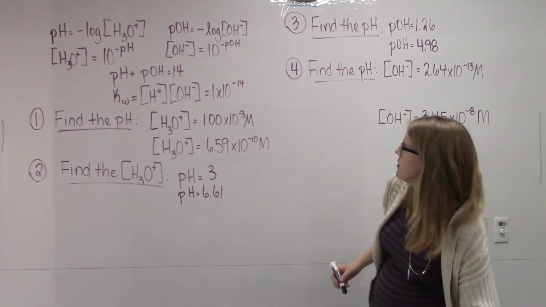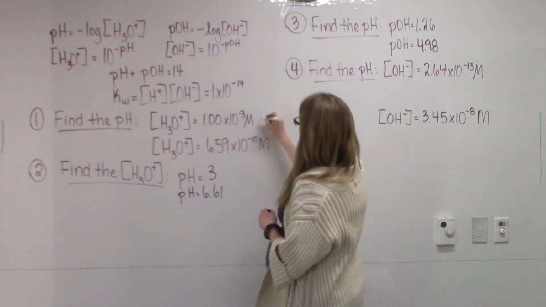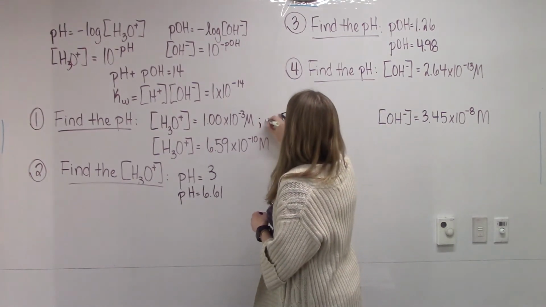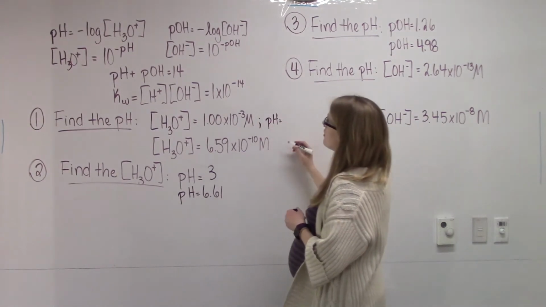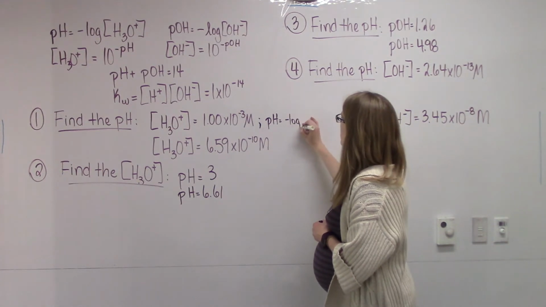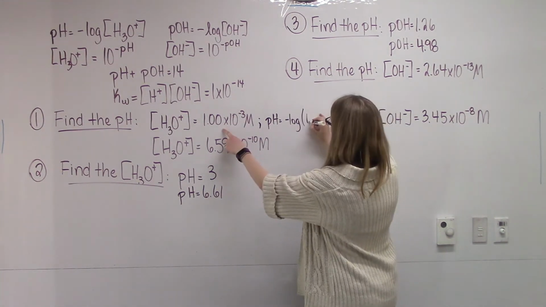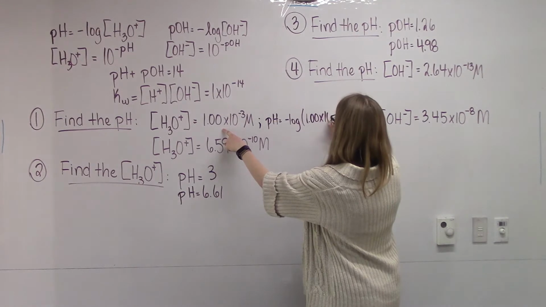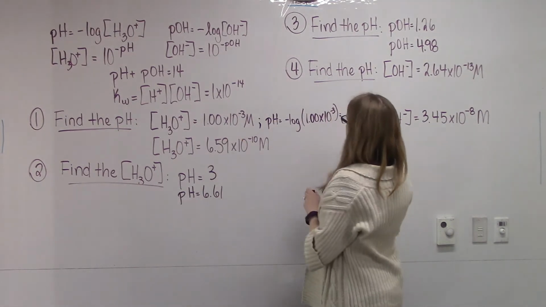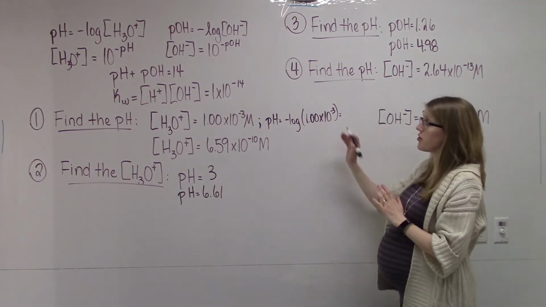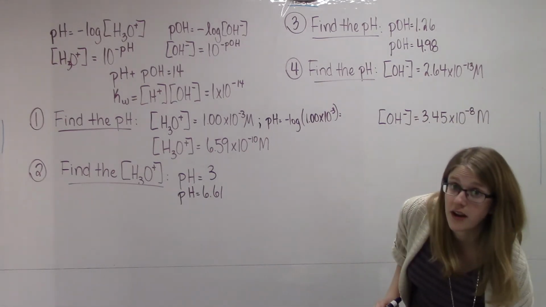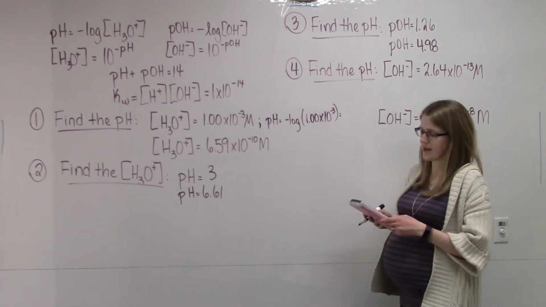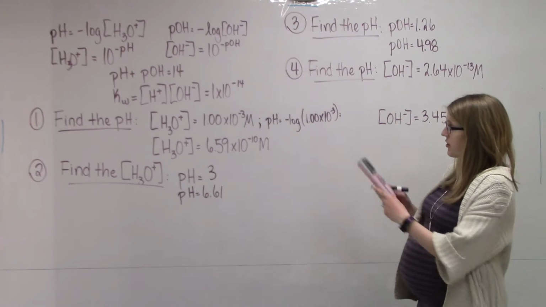So what we need to do is just plug it in. pH will equal the negative log of this number, 1.00 times 10 to the negative third. And some of you who are great at math won't have to put that in your calculators. You guys will know the answer is going to be 3. But here's how we do it.